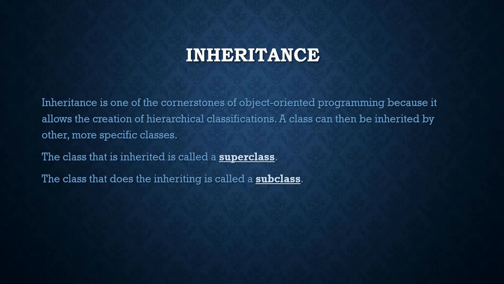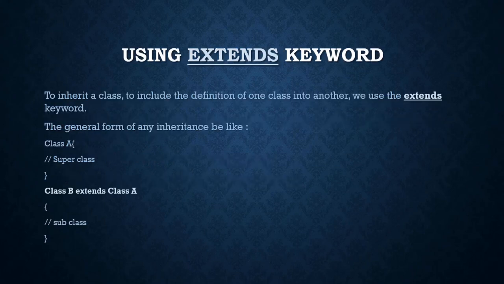So how do we achieve inheritance? Using the extends keyword. To inherit a class, that is to include the definition of one class into another, we use the extends keyword.